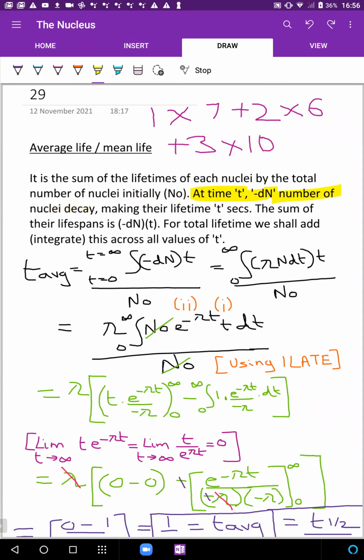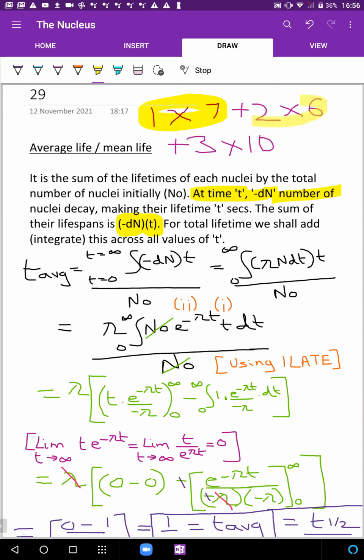The sum of their lifespans is the number of nuclei decaying times that lifespan t. It's like saying the sum of the marks of students who scored 1 mark is 1 into the number of students who scored 1 mark.